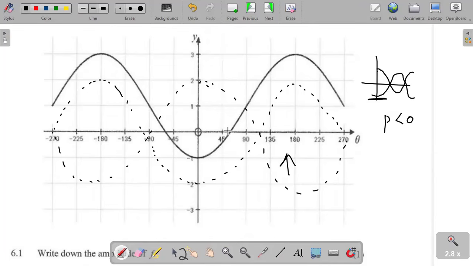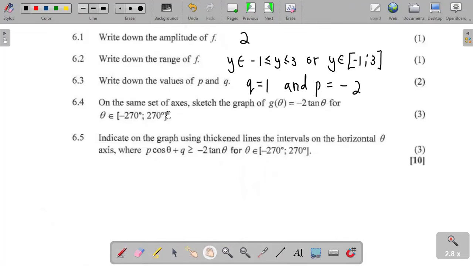And then 6.4. Let's go to 6.4. What is it? On the same set of axes, sketch the graph of g of theta equals -2 tan theta for theta from -270 until 270.